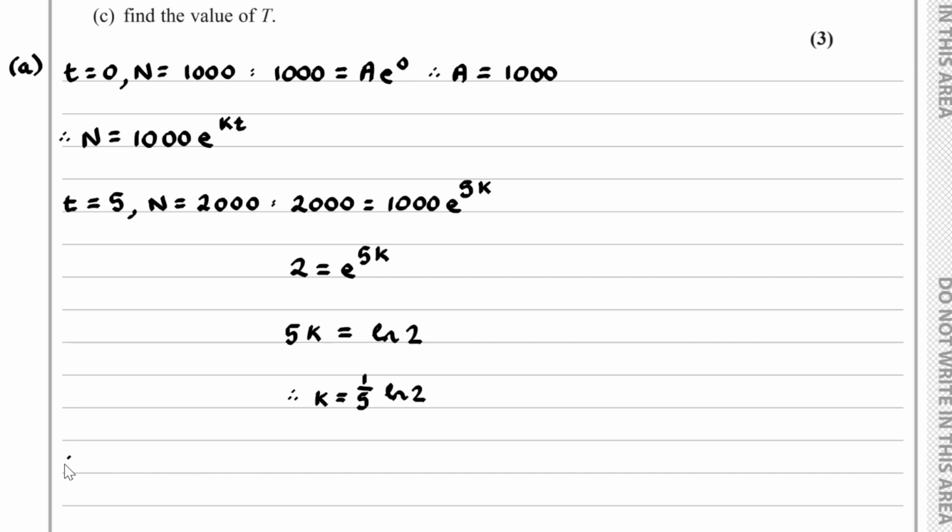And so therefore N is equal to 1000 e to the power of (1/5 times the natural log of 2) multiplied by t.